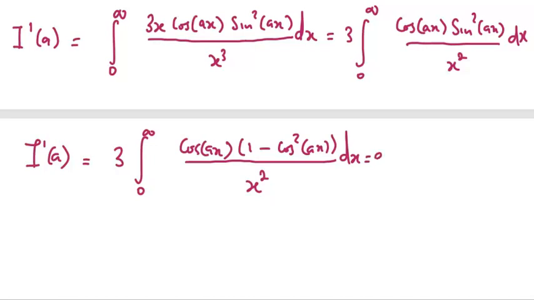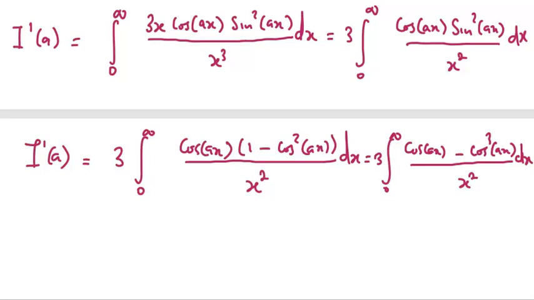So this gives 3 integral from 0 to infinity of cosine of ax minus cosine cubed of ax, divided by x squared and then dx.